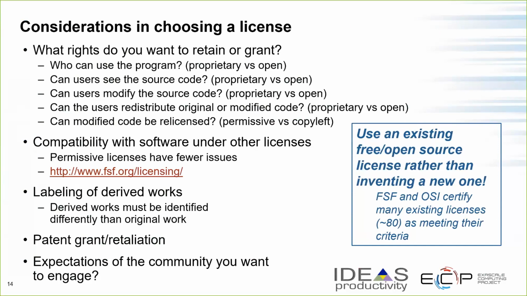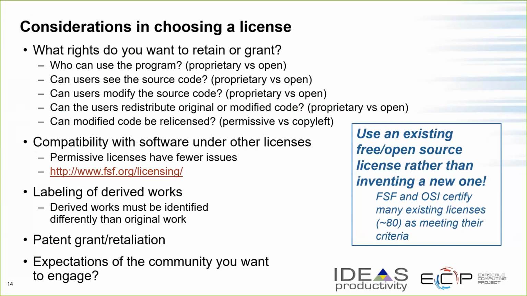We talked briefly, and we'll talk more about compatibility with software under other licenses. As I mentioned, permissive licenses have fewer issues with compatibility, so that might be one consideration there. One reference for this is the Free Software Foundation's discussion of licensing. They have a long discussion about compatibility. You may be concerned about the labeling of derived works, which just came up in the previous example.